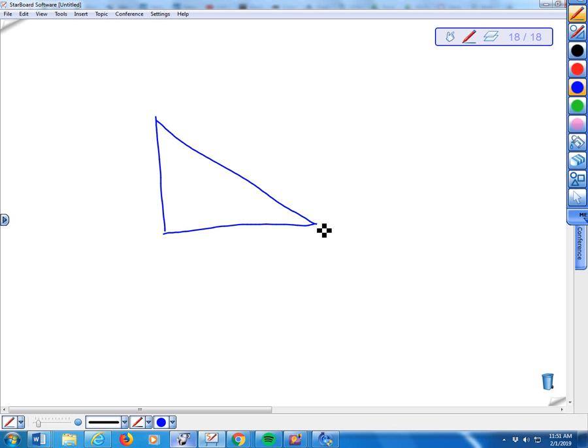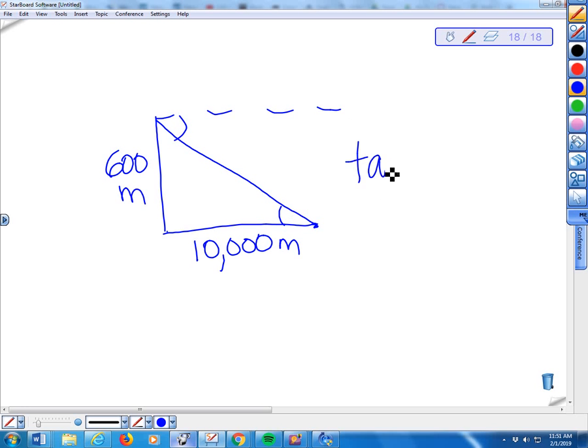So this is 600 meters, and from here to this is 10,000 meters, and it wants to find the angle of depression. Well, the angle of depression is this angle, which is also this angle. So I'm just going to say tangent of the angle I'm looking for is equal to 600 over 10,000.